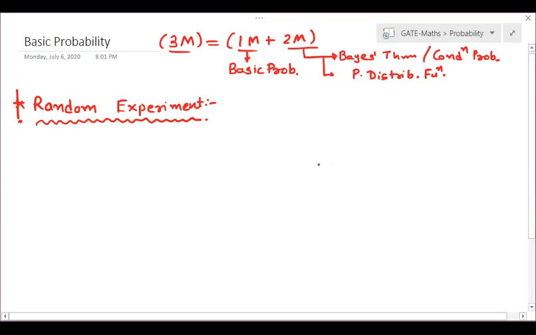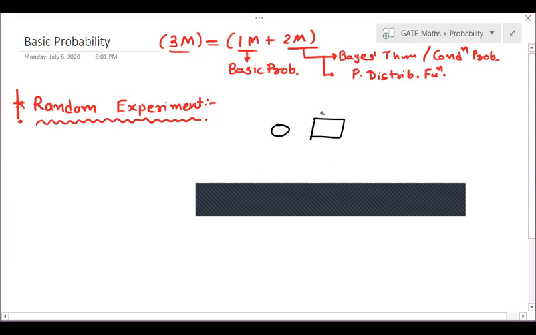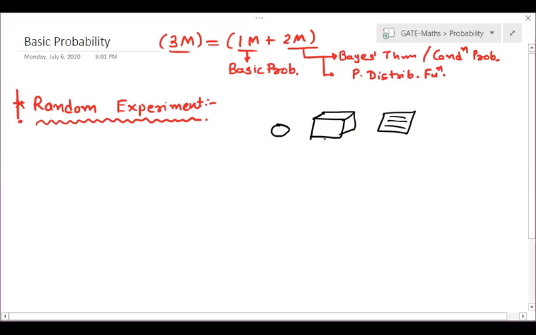So what is a random experiment? Those common examples that you learn from the starting of probability: tossing an unbiased coin, your dice, picking up any card from a deck of 52 cards. These all are random, unpredictable. We cannot know.